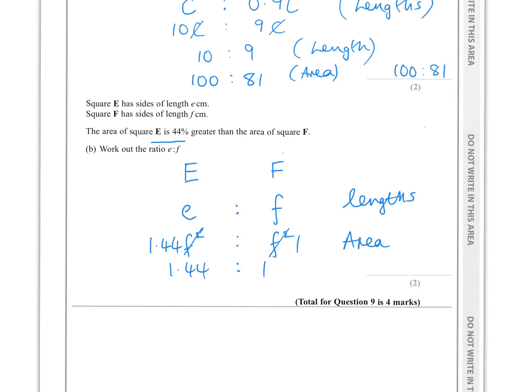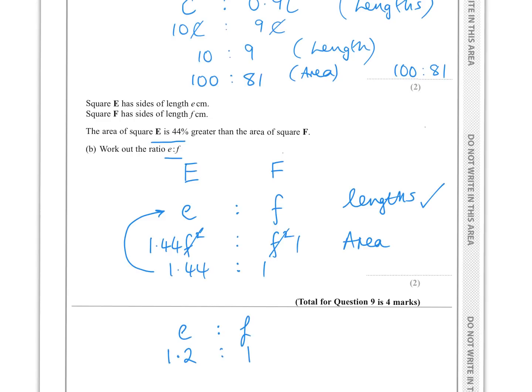Now that's as an area. If we want the ratio of e to f, then we've got to be talking lengths here. So to get from an area to a length, we just do the opposite of squaring, which is square rooting. So the ratio of e to f is going to be the square root of 1.44, which I can do on my calculator, which is 1.2, and the square root of 1 is just 1.